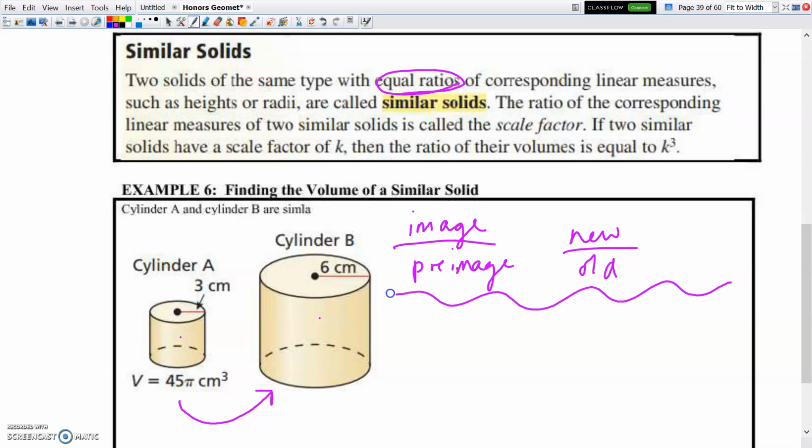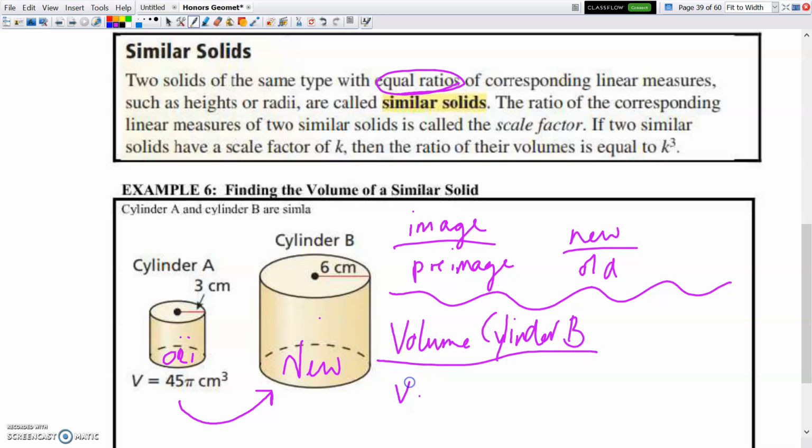So the volume of cylinder B, which is my new one, I'm going from here, that's my original, to here, that's my new. So the volume of cylinder B over the volume of cylinder A is going to equal what they tell me here, k cubed.